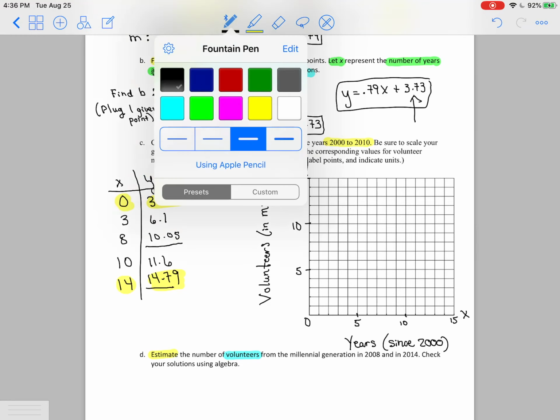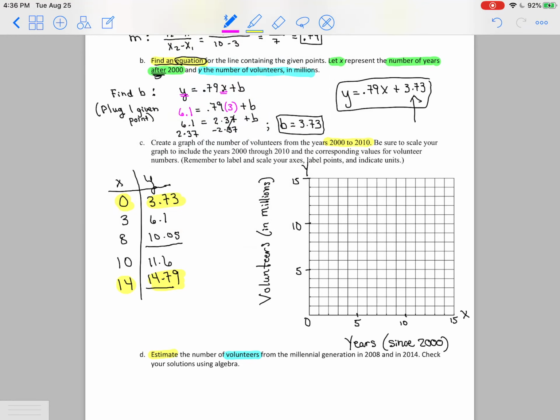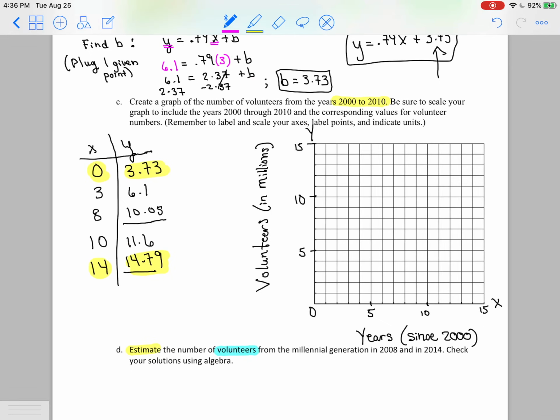Okay guys, so then we're just going to start plotting our points. So 0 and 3.73 is going to be somewhere around here. I'm going to label them after I plot them, so I don't know where I'm going to need to plot the next one.